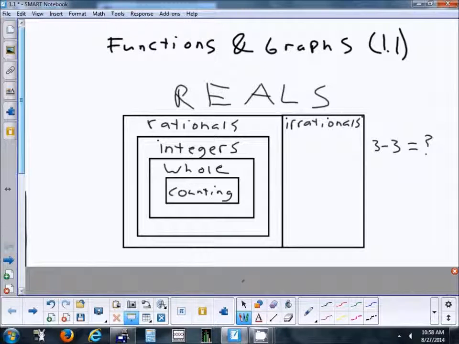A whole number minus a whole number comes out negative? 3 minus 5. Sure, 3 minus 5. If the only kinds of numbers you understand are whole numbers, this is undefined. That's impossible. You can't take away more than you have, practically. So that's our next set of numbers. Those are integers. Integers give us our negatives. So now when you have integers, you have positives and negatives. Still no fractions or decimals.